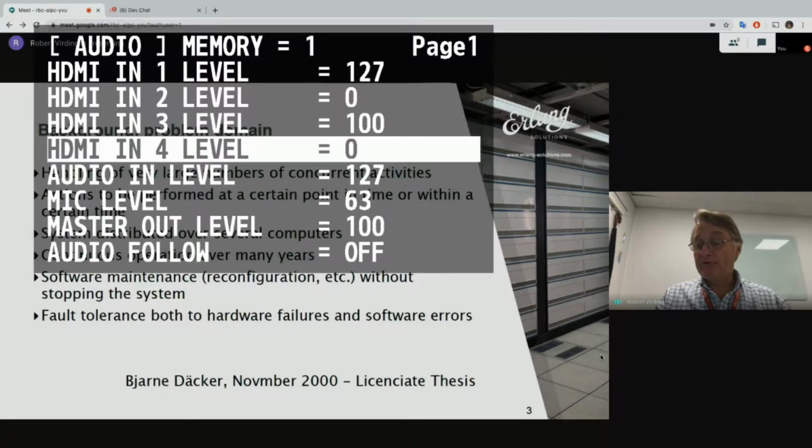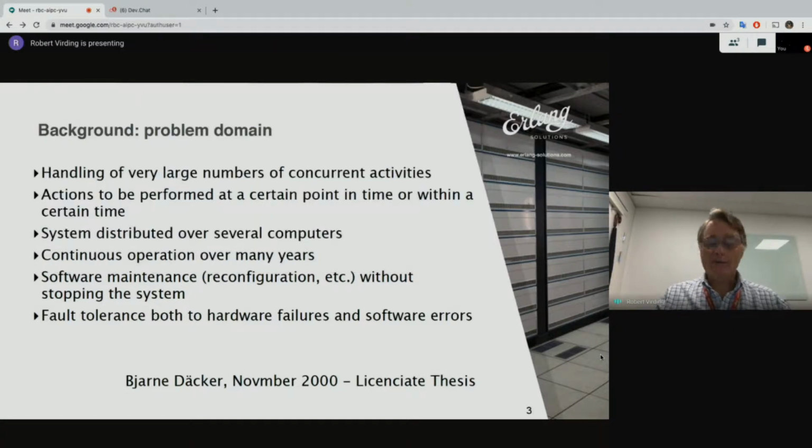It needed to be distributed for fault tolerance, continuous operation, and maintenance while the system was running, and it had to be very fault tolerant over time, for both hardware and software failures. These were the main difficulties, not controlling the switch itself.